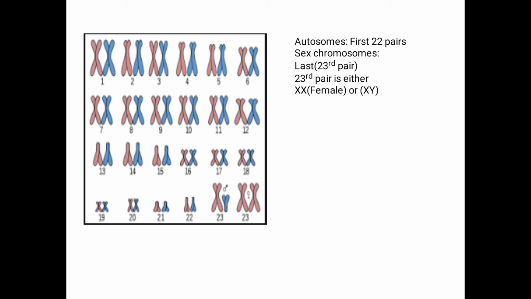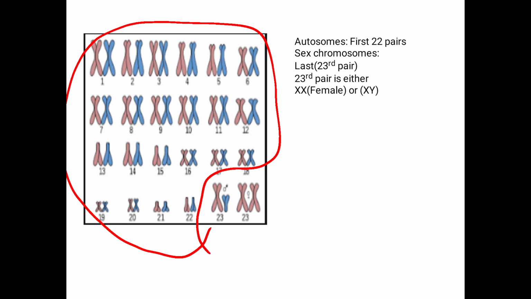Suppose this is the fashion in which they are arranged. From pair number 1, this is one pair of chromosomes. This is another pair. Go on till the 23rd pair. The first 22 pairs are called autosomes. There is one pair left, the 23rd pair. This is what differs in a male and a female.